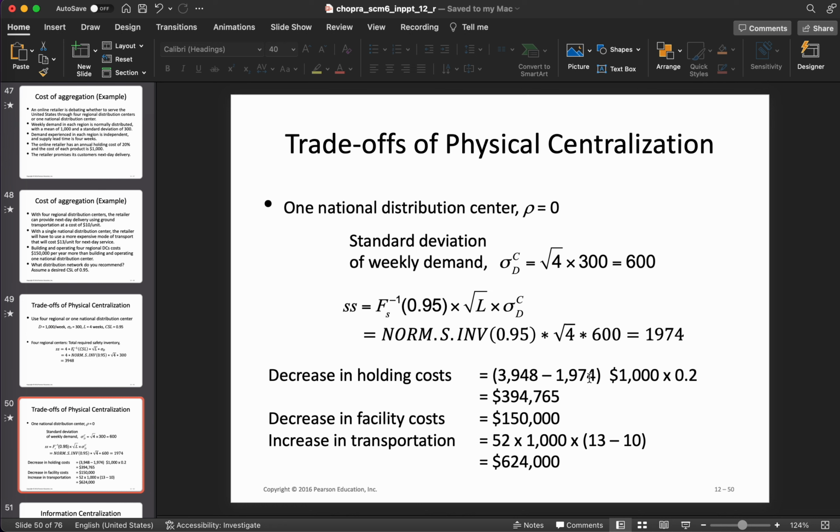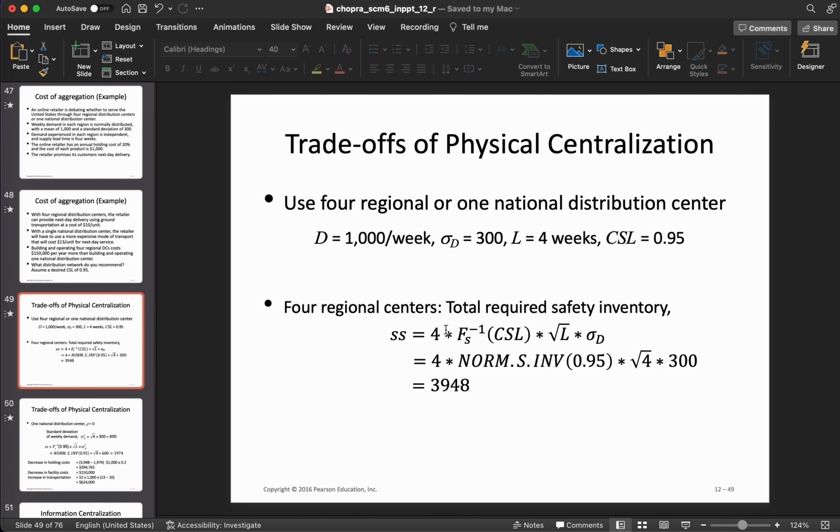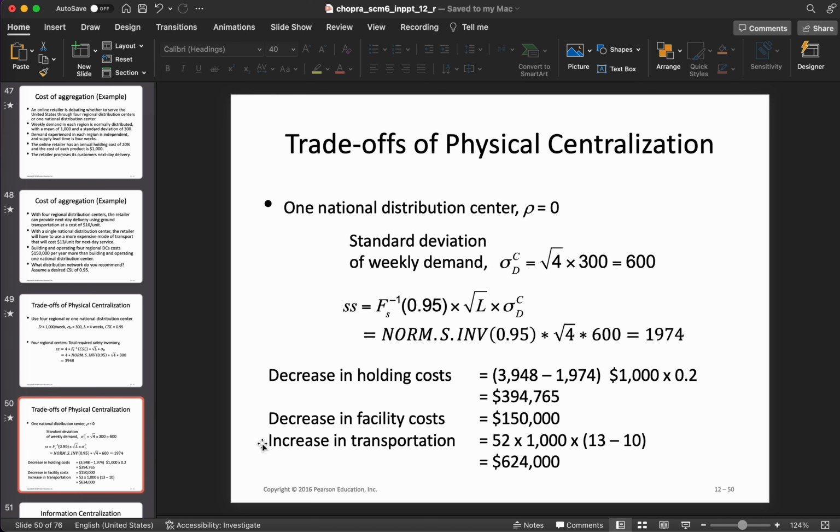If you look at the holding cost difference, you're definitely holding more when you have 4 different regions. So what is the cost of holding for the 4 different regions? That'll be 3,948 times 1,000 times 0.2. So there is a decrease in holding cost by going to a centralized service center. And there is also a decrease in facility costs.